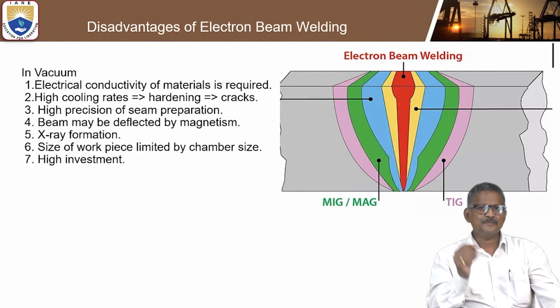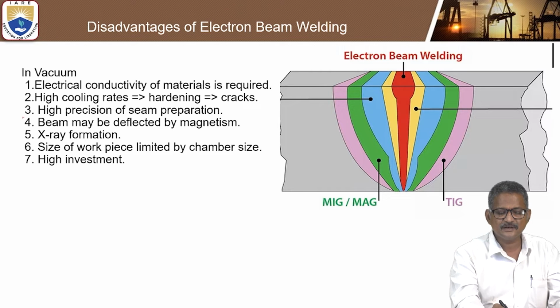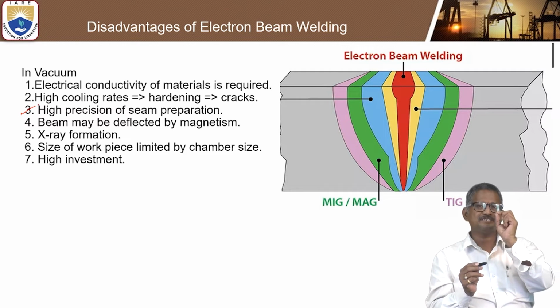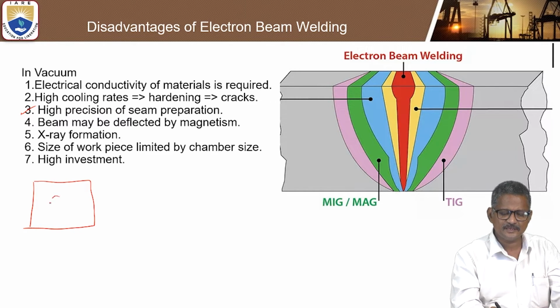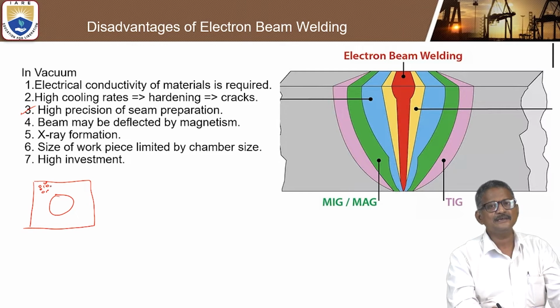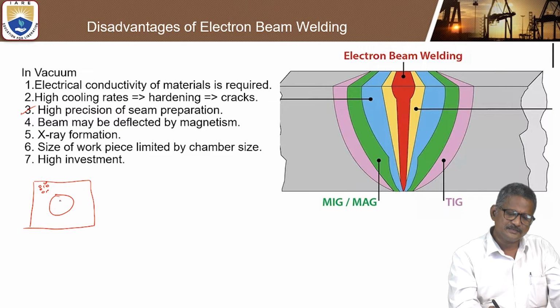Okay, and high precision of seam preparation. So there is a very good quality of precision. As you know, precision and accuracy: for example, if the target is here and the points are scattered, this is low precision, low accuracy.